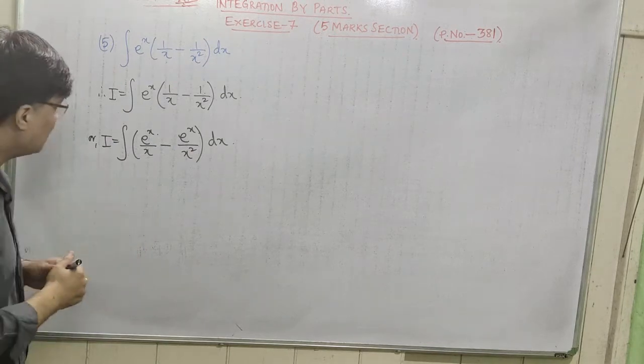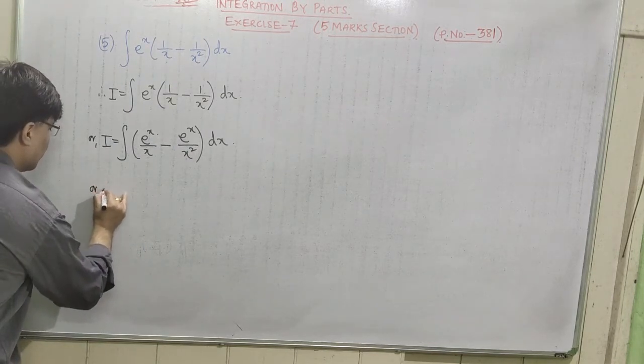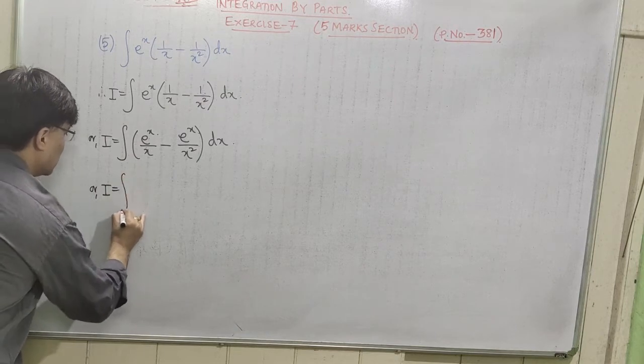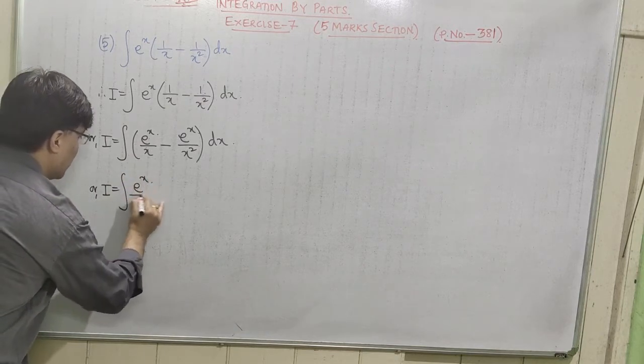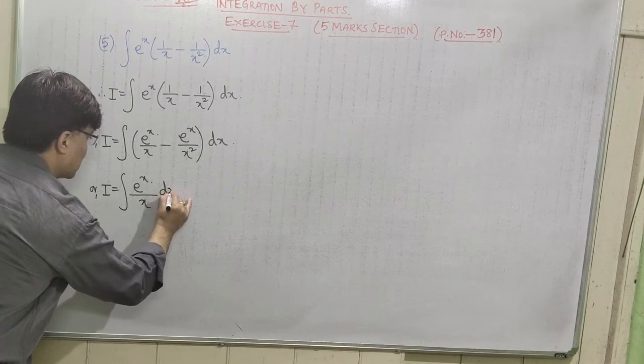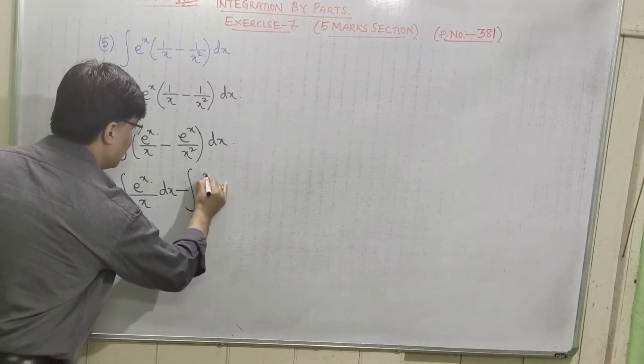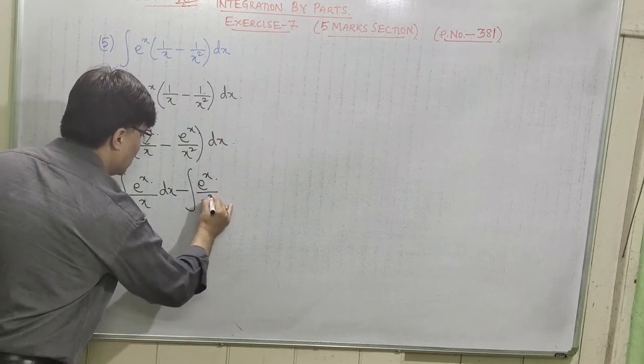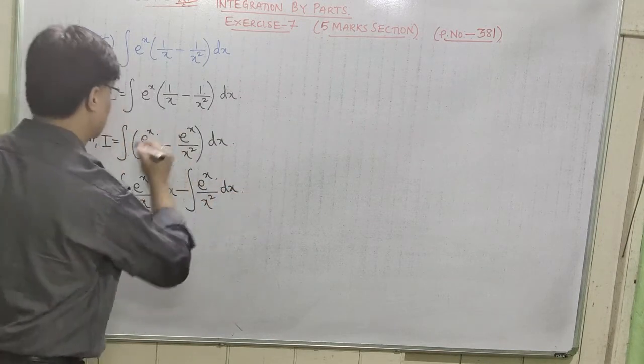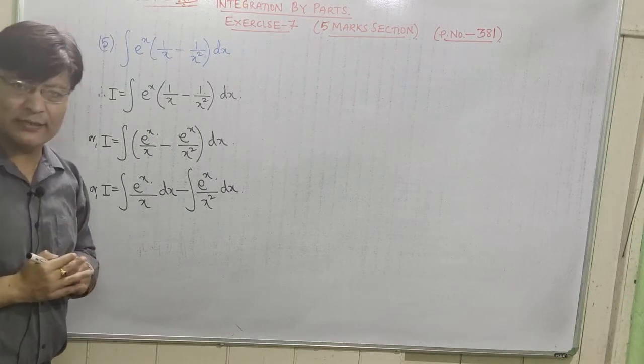Understood? Now let us separate the integral sign and dx also. I is equal to integration of e to the power x divided by x dx minus integration of e to the power x upon x square dx. Is that clear?